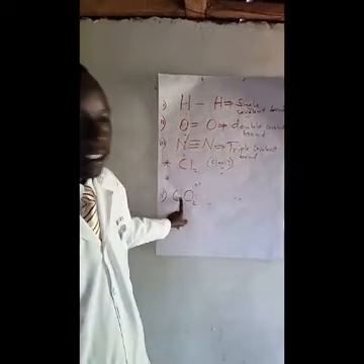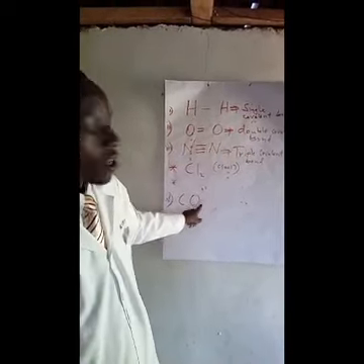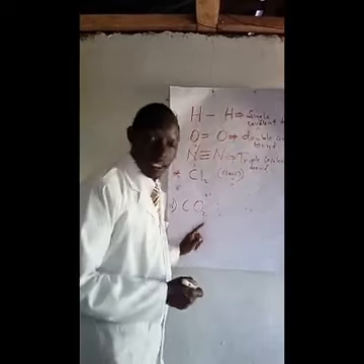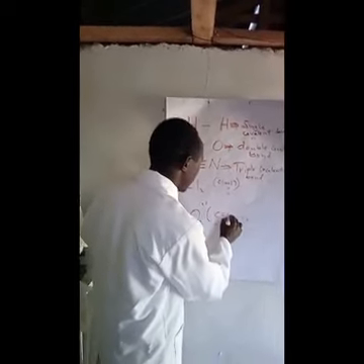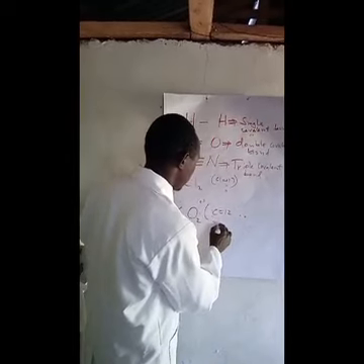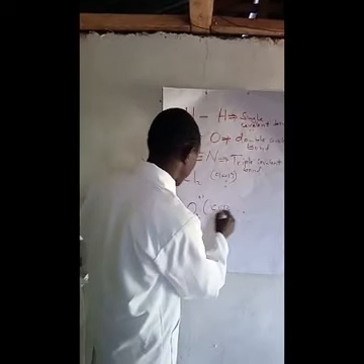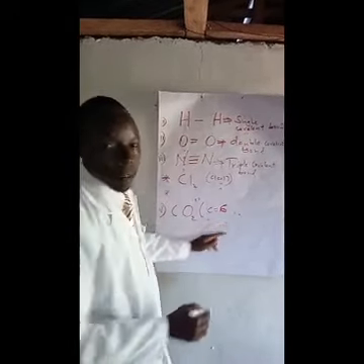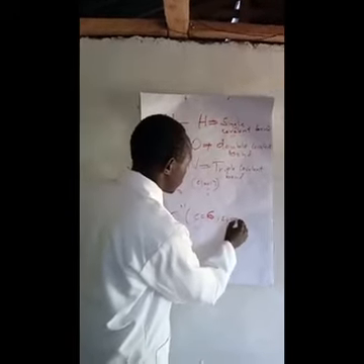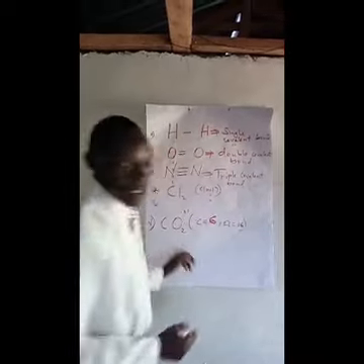This one you realize has 3 atoms, 2 oxygens and 1 carbon. Carbon is atomic number 6. Oxygen is atomic number 8.